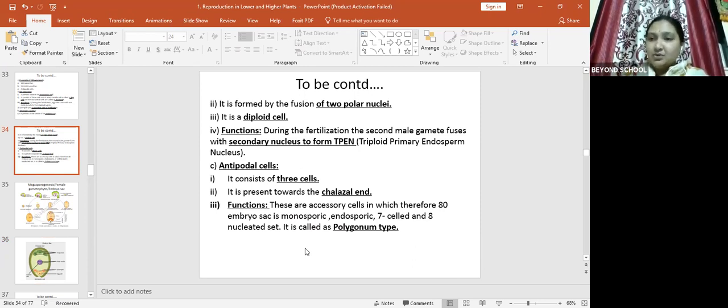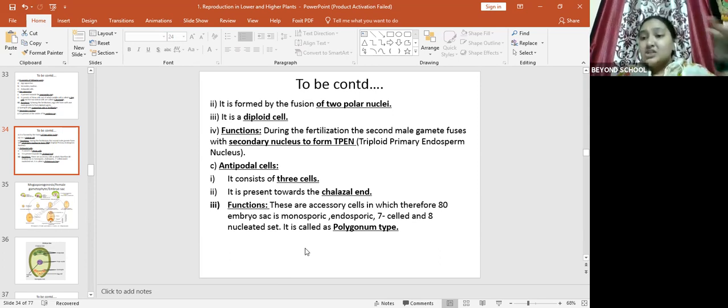Now we all know that the male gametophyte and female gametophyte are both endosporic because they are present inside the ovule. क्या है जो मेल गैमेटोफाइट है वो इनसाइड द पोलन ग्रेन प्रेजेंट है, जो फीमेल गैमेटोफाइट है वो हमारे इनसाइड दी ओवरी मतलब ओव्यूल्स के यहाँ पे प्रेजेंट है, राइट? अगर हम ऐसे देखने जाए कुल मिलाकर हर एक प्लांट में कुल मिलाकर हमें 8 एम्ब्रियो सैक मिलेंगे एंजियोस्पर्म में, राइट? जो कि एक एक्सेसरी सेल्स के नाम पे वो फंक्शन करते हैं.